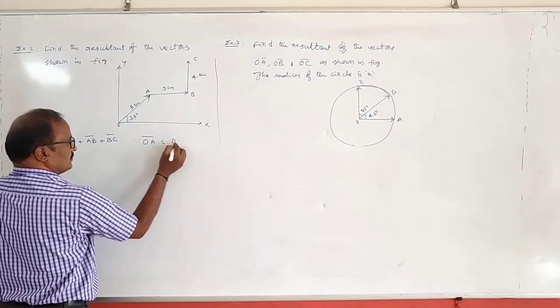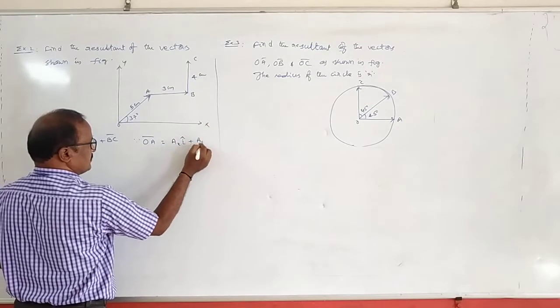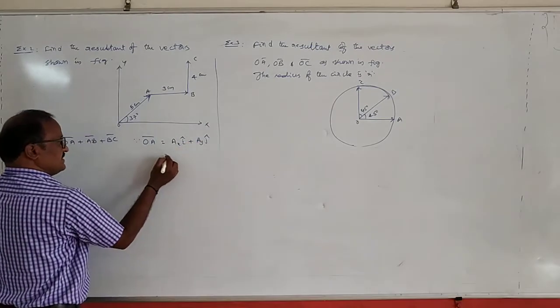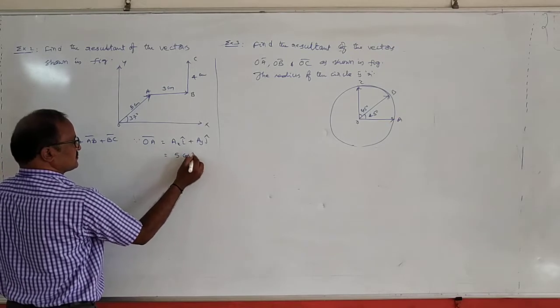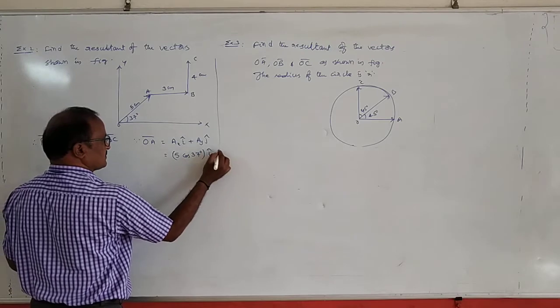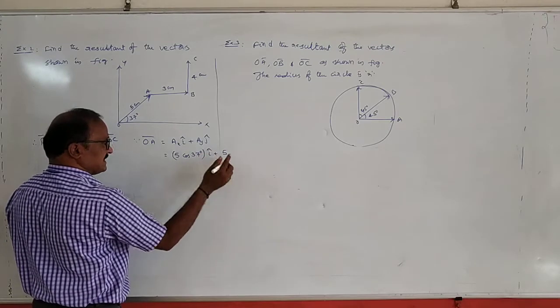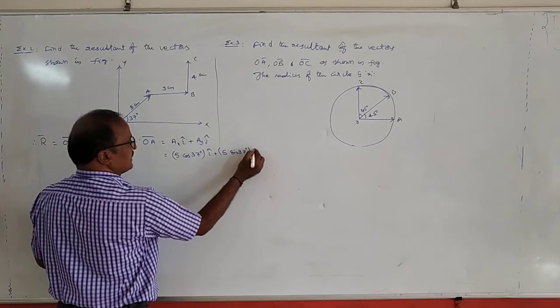So OA bar is AX i cap plus AY j cap, where AX is 5 cos 37 into i cap, and AY is A sin theta, so 5 sin 37 into j cap.